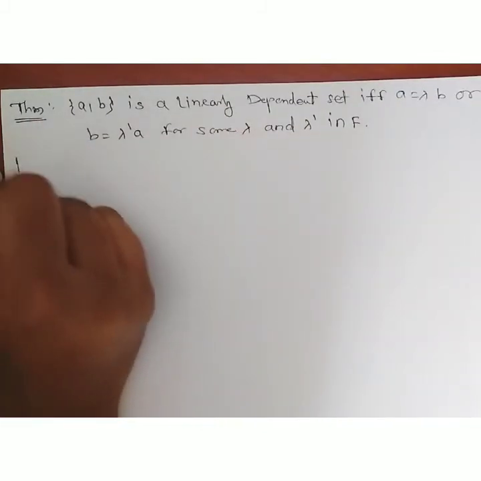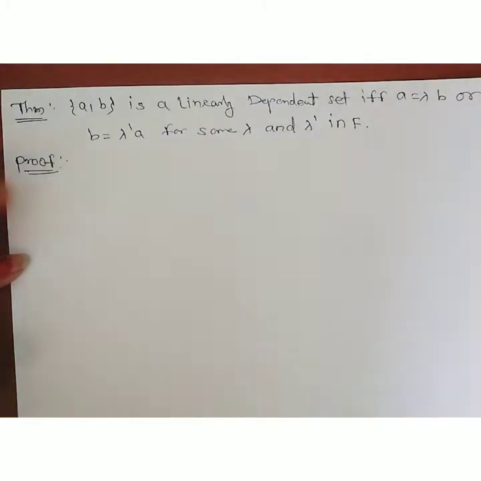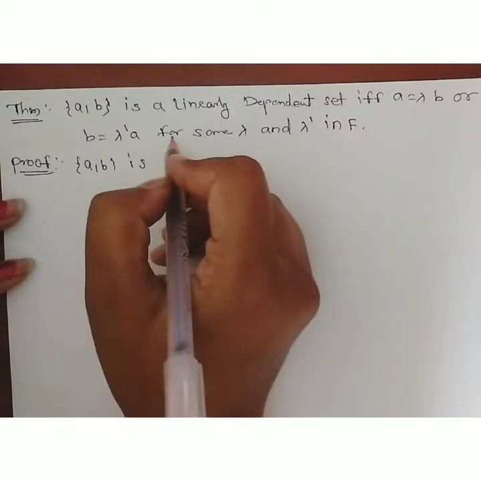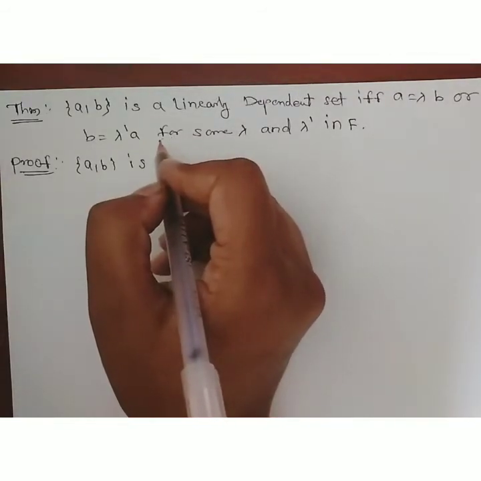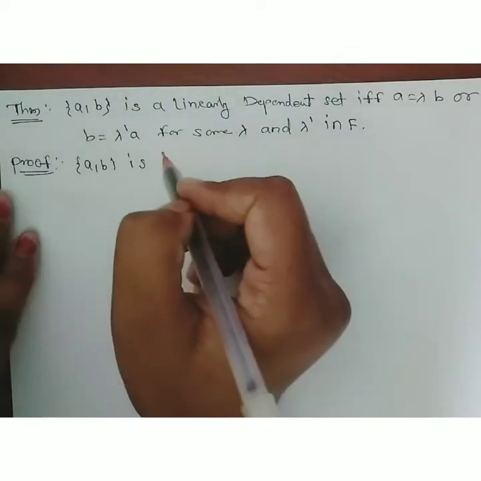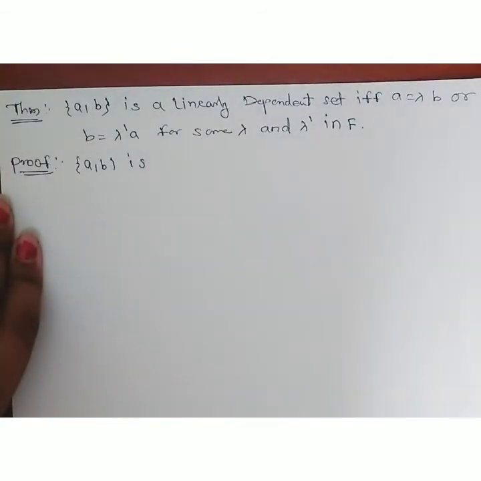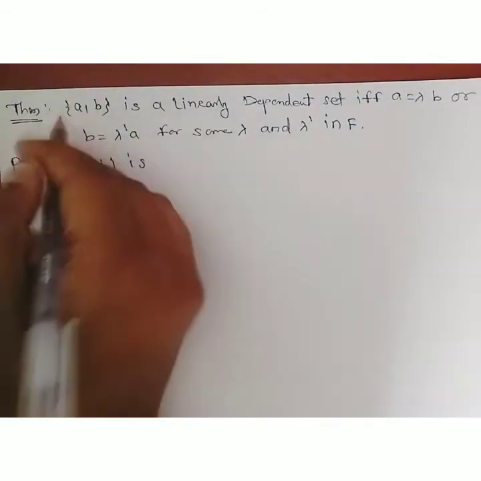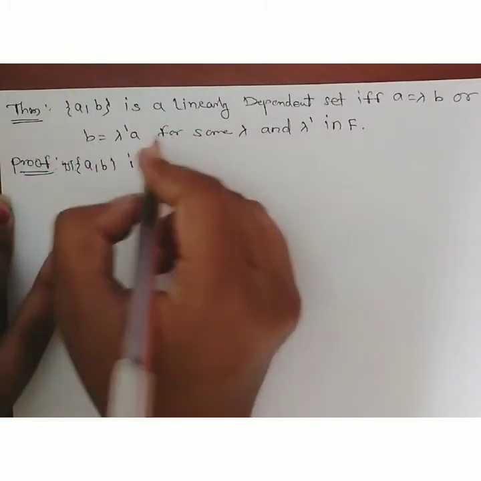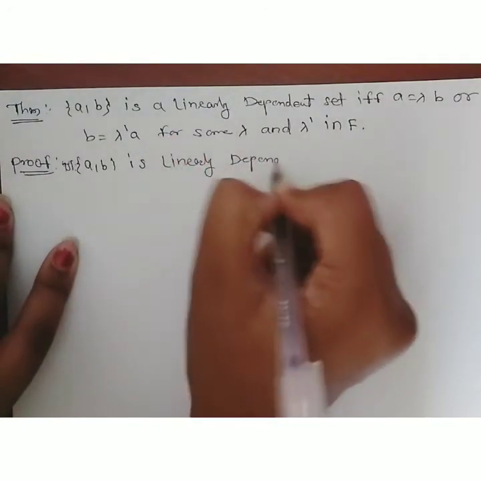Now the proof. First of all, we consider A is equal to lambda B or B is equal to lambda dash A for some lambda and lambda dash in F, and we have to show that the set AB is linearly dependent.